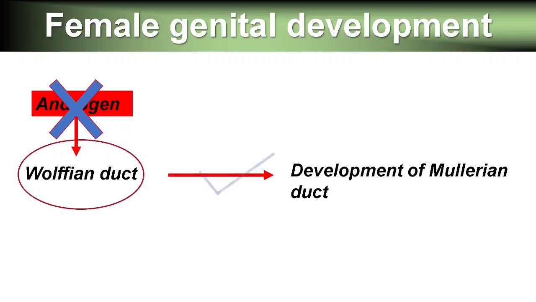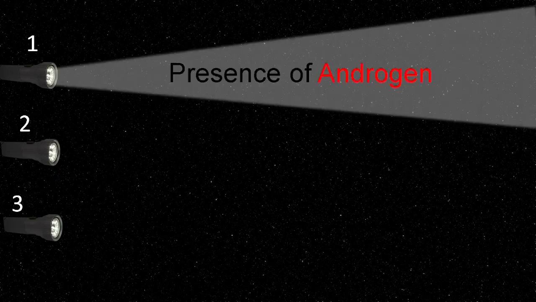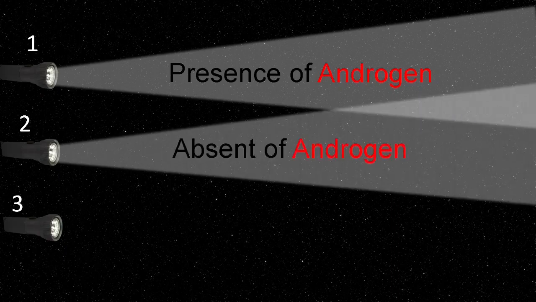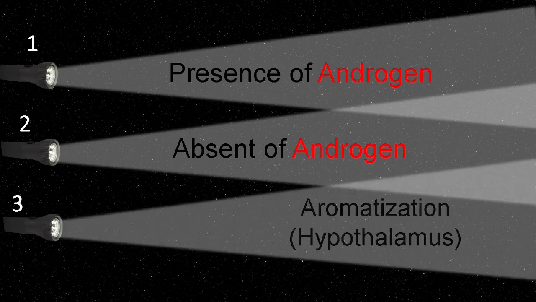Here we have learned three things, or I will summarize in three points. First is the presence of androgen for the development of the male genital tubular system and external genitalia. But in case of female, in the absence of androgen, the Mullerian duct will automatically develop and the external genitalia will develop. The third is aromatization: the gonad has to inform the hypothalamus whether the developing fetus is male or female.